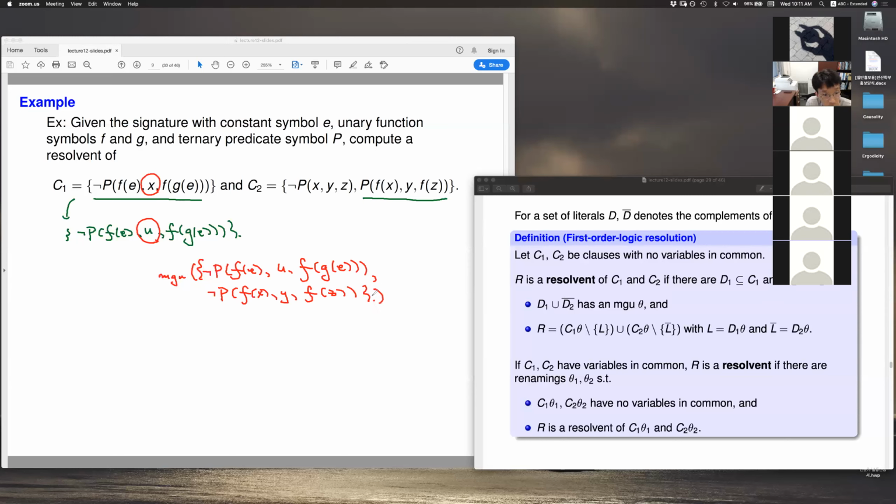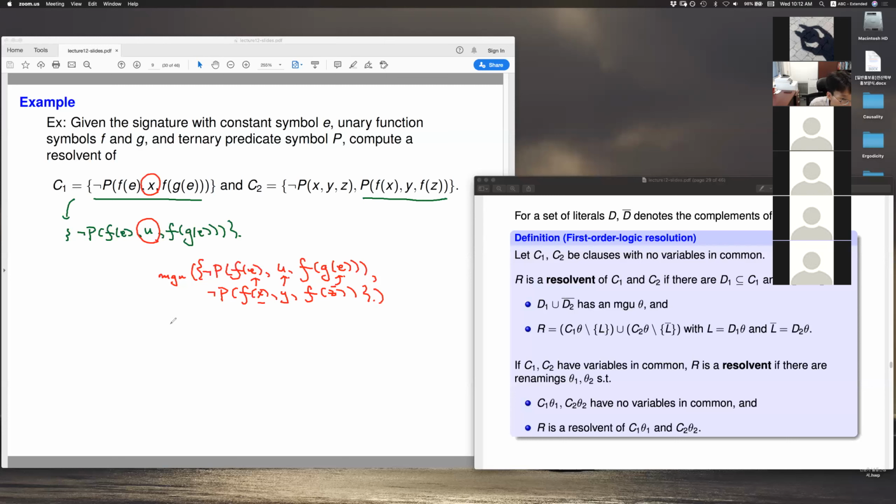So we call the most general unifier algorithm from the theorem that we saw. I'm not going to go through all the details of the algorithm, but essentially it computes that we have to replace x by e, y by u, and z by g of e.